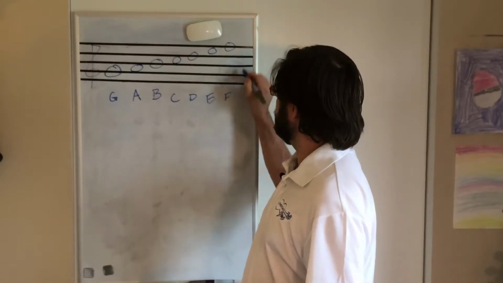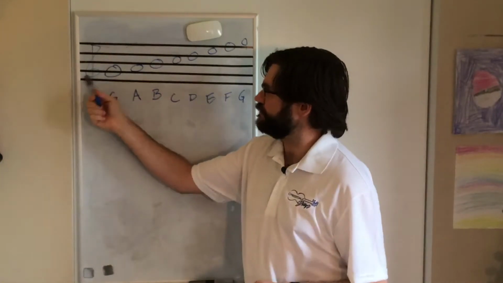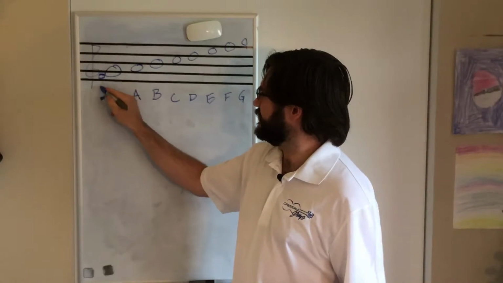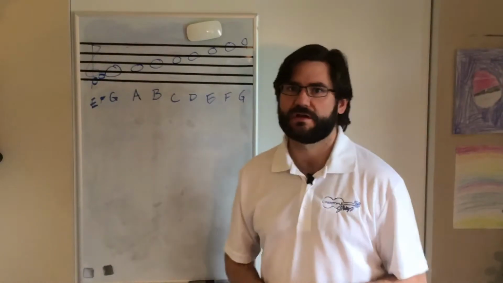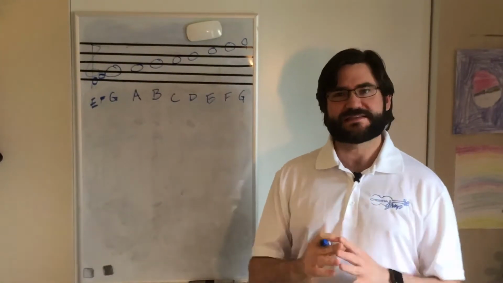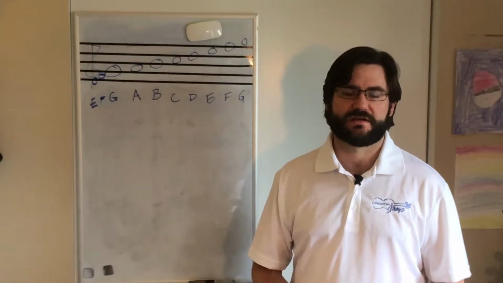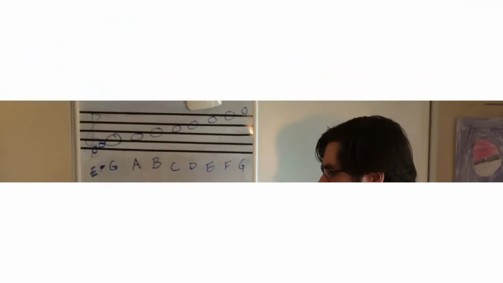You follow the musical alphabet. If we were to go backwards, the note before would be F, and the bottom line would be E. This is the basis of how we learn treble clef music. You have to know these notes on the staff.